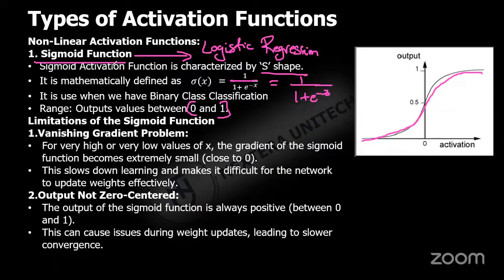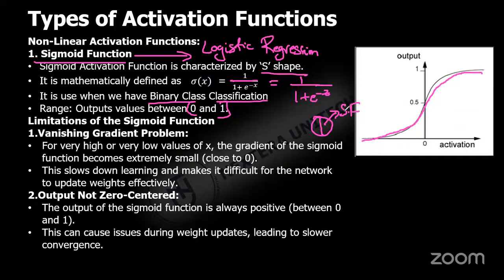Where do we use the sigmoid function? This activation function is generally used in binary class classification tasks. If I'm working on a classification task and I want to go with the binary class, there I use the sigmoid function. It will be used in the output layer neuron, so within the last output layer, the activation function will be sigmoid.